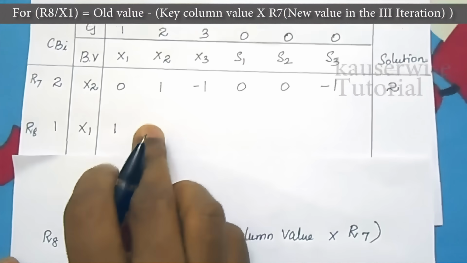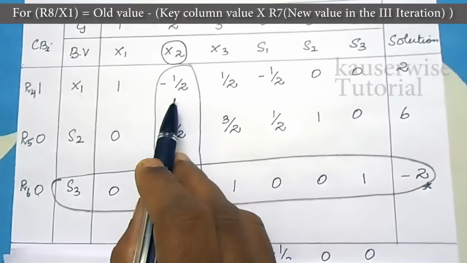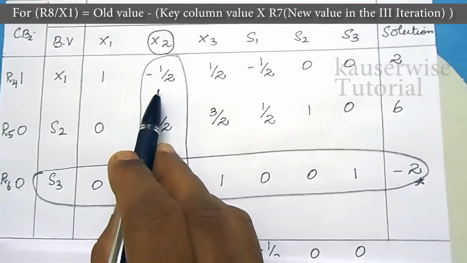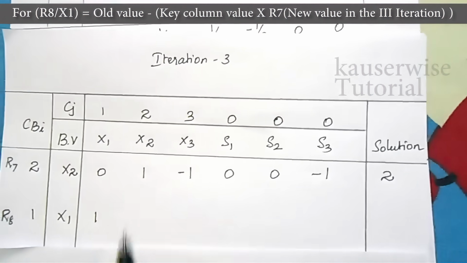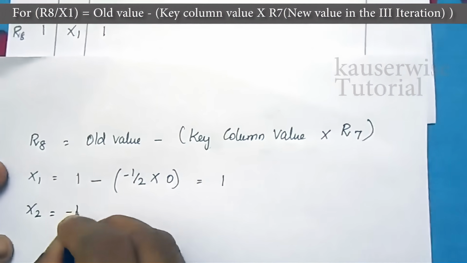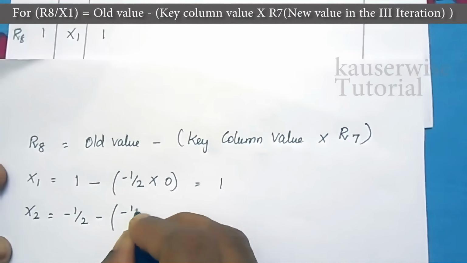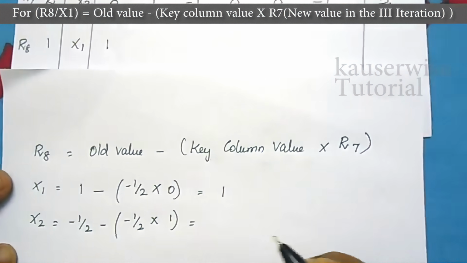For x2, the old value is -1 by 2 minus key column value, again the same value -1 by 2, into new value 1. The answer is 0.